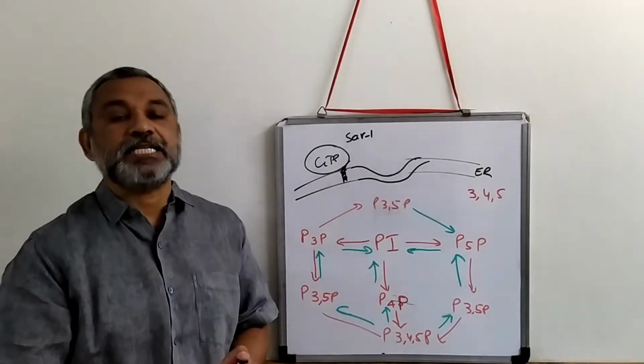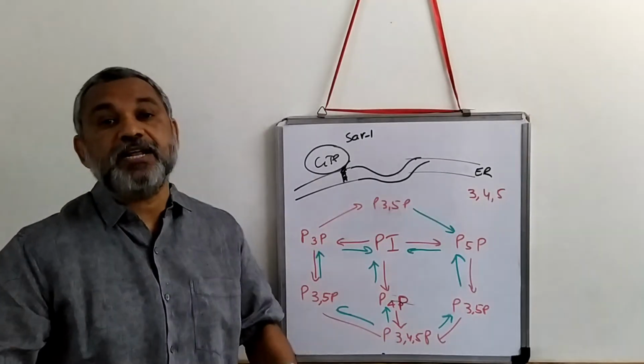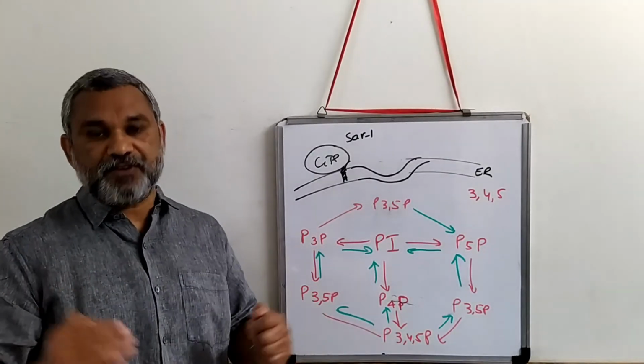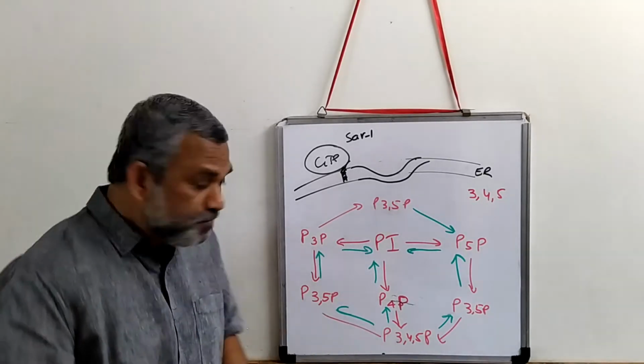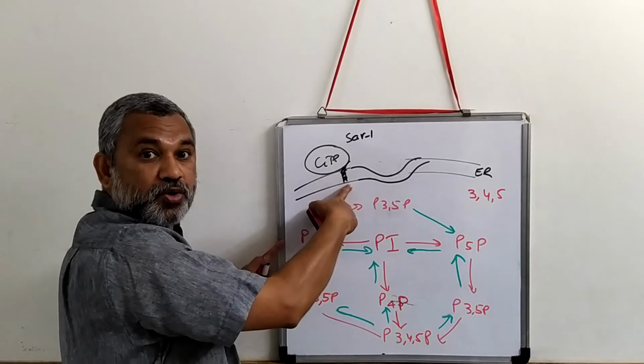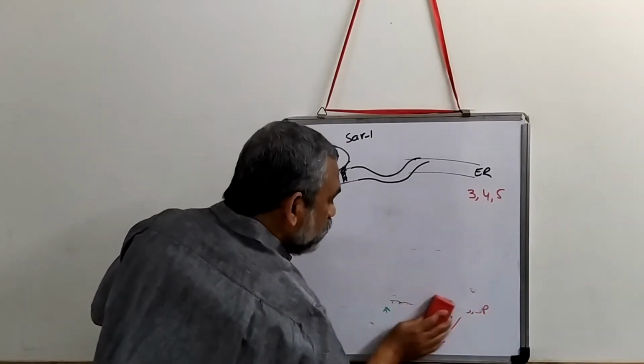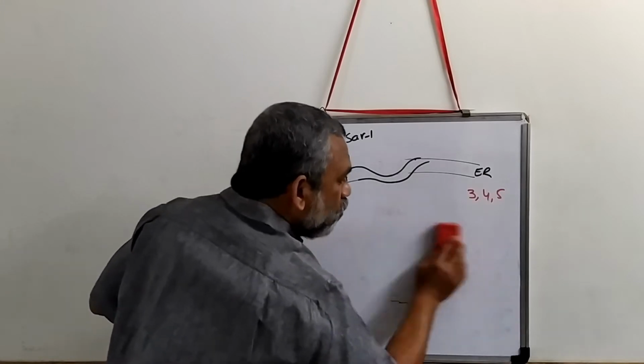This is an interesting aspect that we need to keep in mind as we proceed with understanding the formation of vesicles. Now this plays a crucial role. Phosphatidylinositol plays a crucial role in bringing the coat proteins to the surroundings.